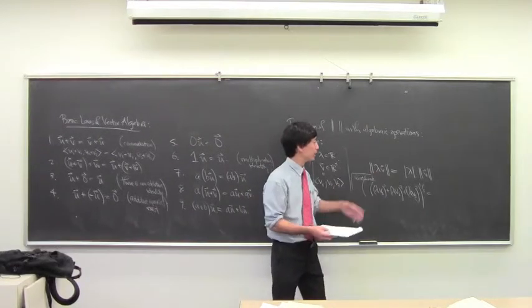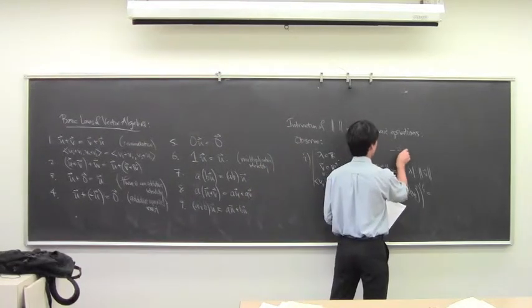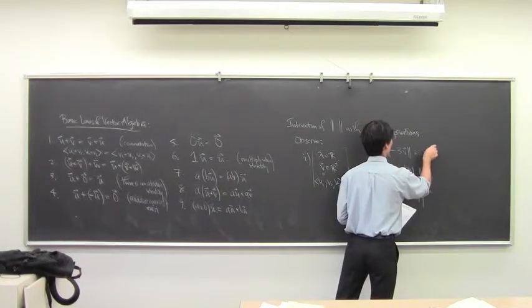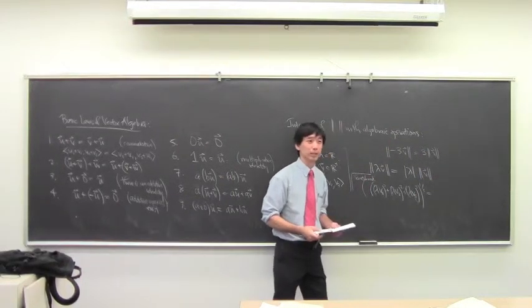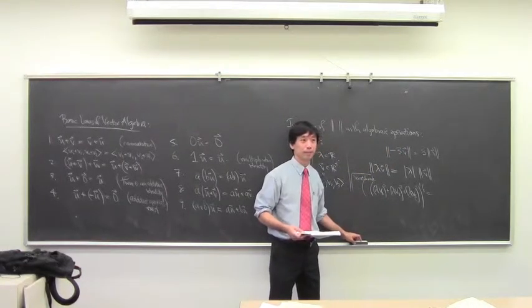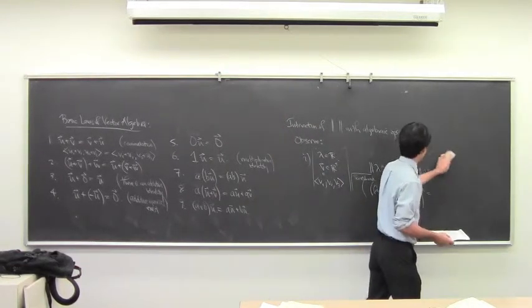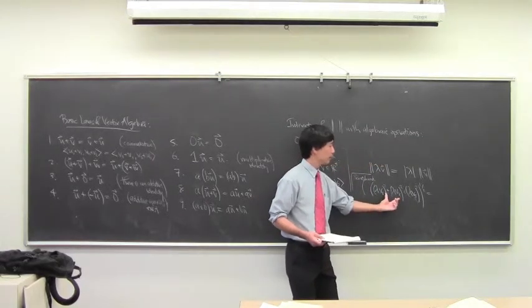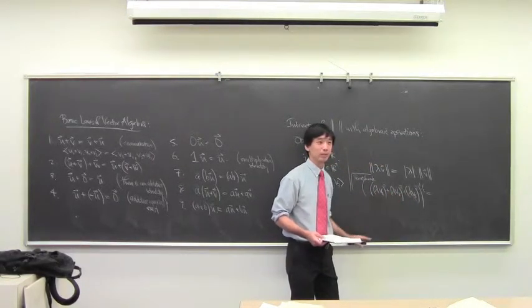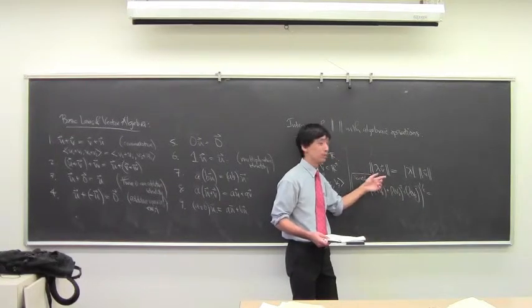If I have a vector and I ask what's the length of -3 times it, that will be 3 times the magnitude of the original vector. It's not going to be -3. Magnitude is positive. And you could work that out by simplifying this expression.